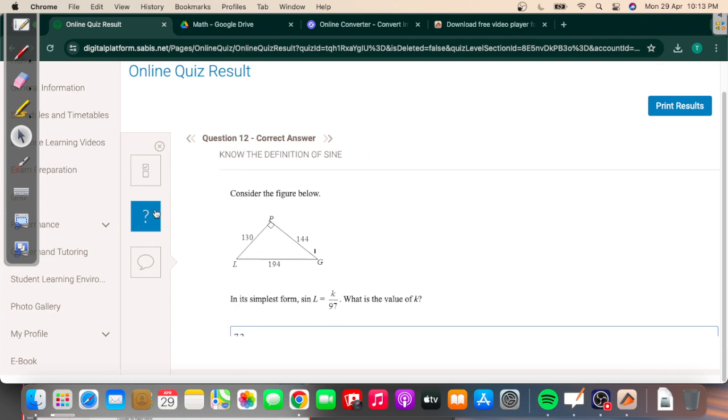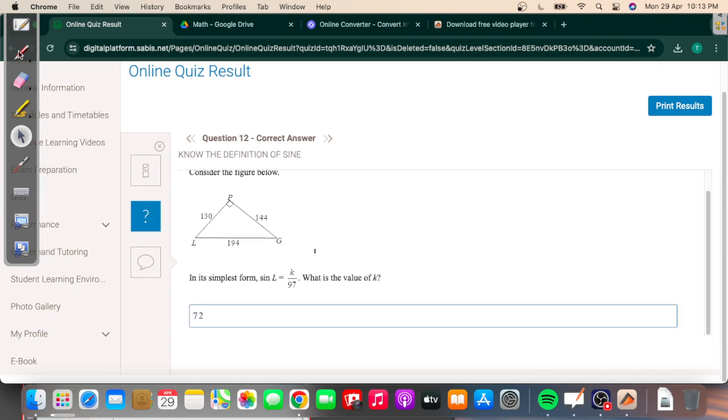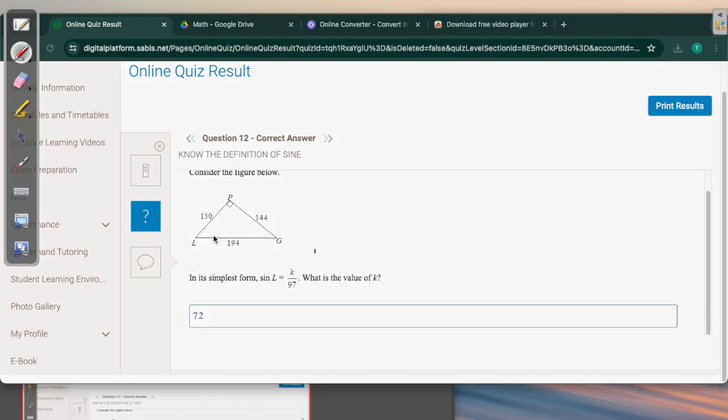My next question is about sine, cosine, tangents. So SOH-CAH-TOA again, sine is sine of L, which is the opposite over the hypotenuse. So 144 over 194. So sine of L is equal to 144 over 194.